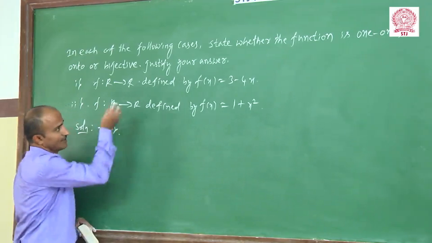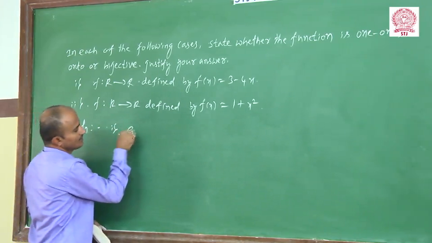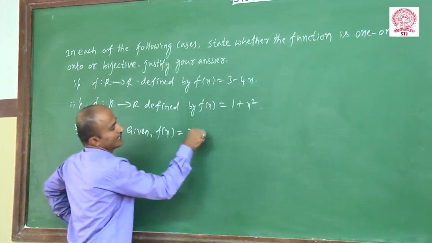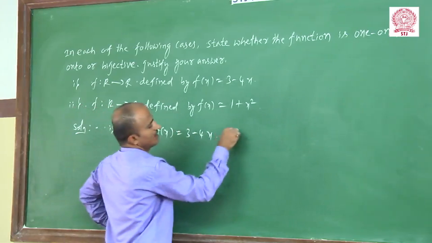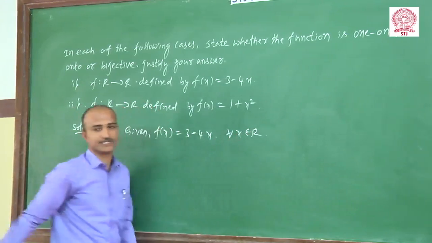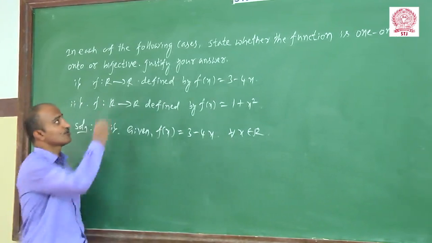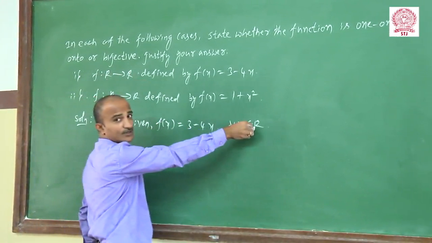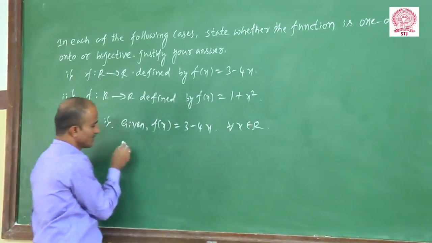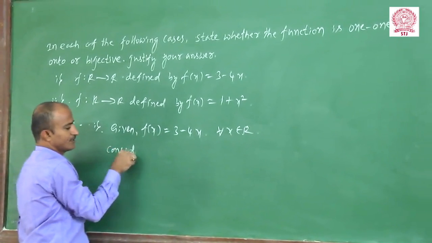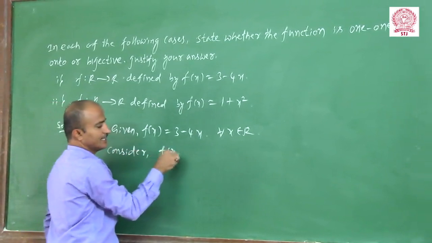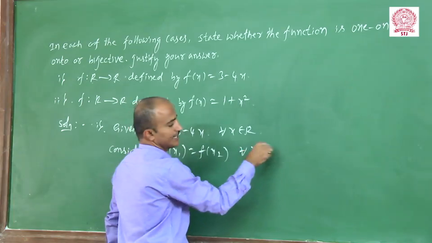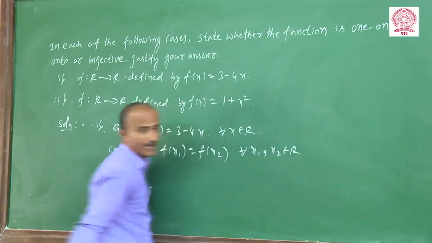For the first one, given f of x equals 3 minus 4x for all x belongs to domain set R. Here both domain and codomain are the set of real numbers. But x is taken from the domain set. Consider f of x1 equals f of x2 for all x1, x2 belongs to domain.